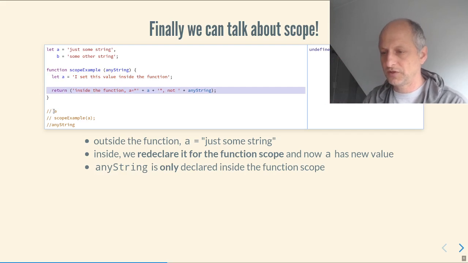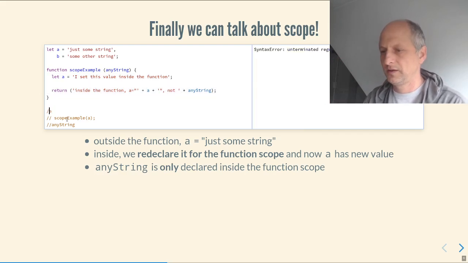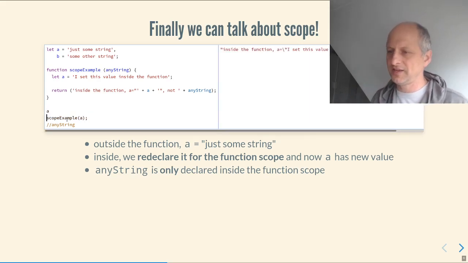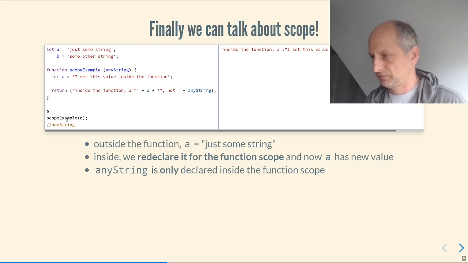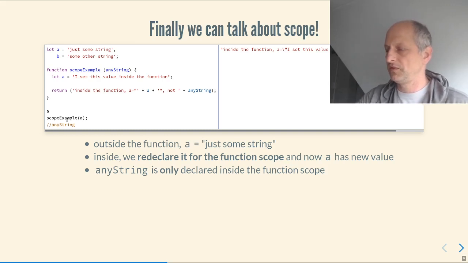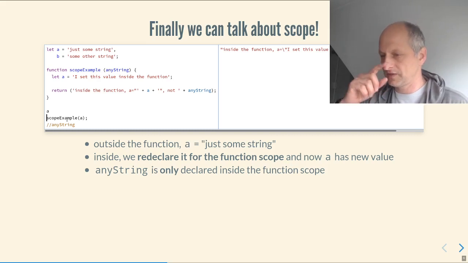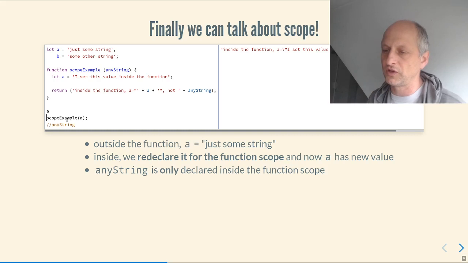So if we check out a, the value of a is just some string. If we print scope example, we'll see that even though a in the global scope is just some string, we see that a actually equals what I set inside the function, as long as we're inside the scope of the function.